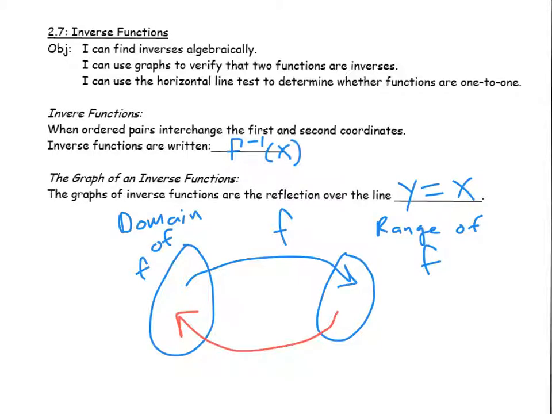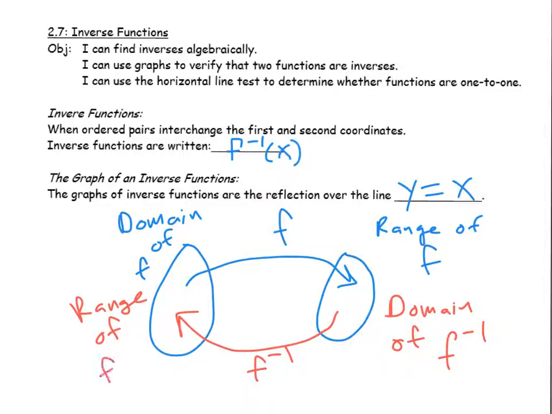Let's go the opposite way. The function is still going to pair the numbers together. It'll pair the same two numbers together. They just switch, okay? So now there's this reversal: what was the range of f is now the domain of f inverse, and the domain of f is now the range of f inverse, okay?